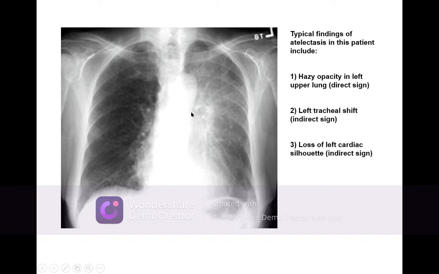If it is present, it most often means involvement of the lung parenchyma, which causes obscuration of the border. According to this, there is loss of the left cardiac border, an indirect sign, the silhouette sign.